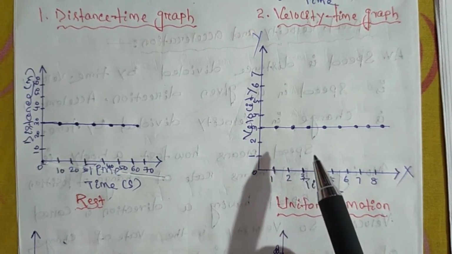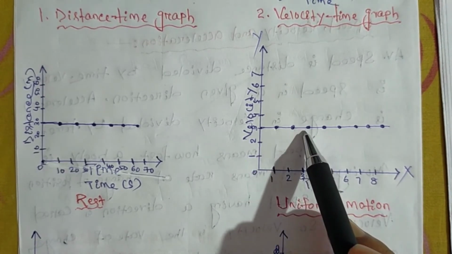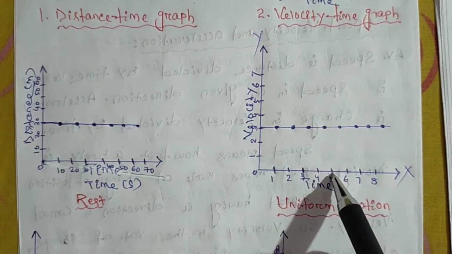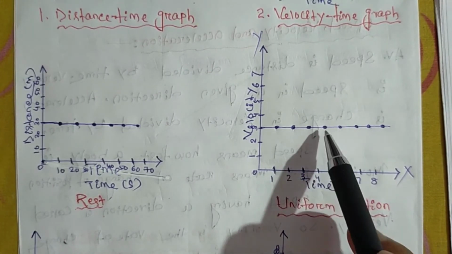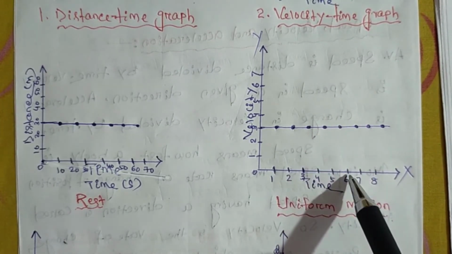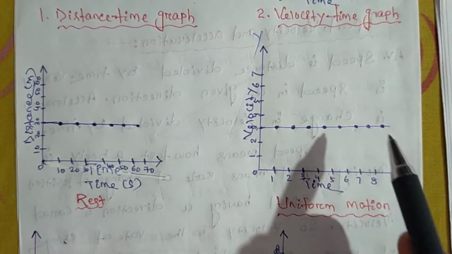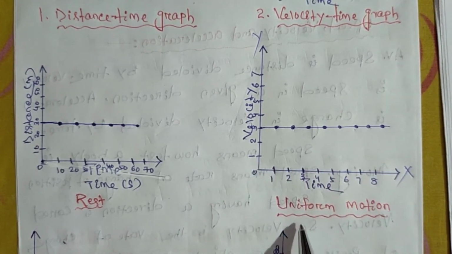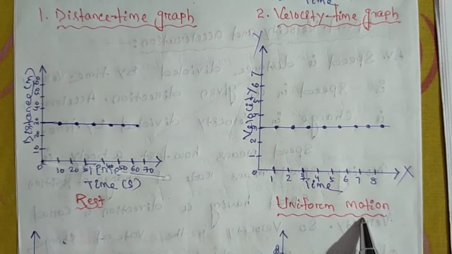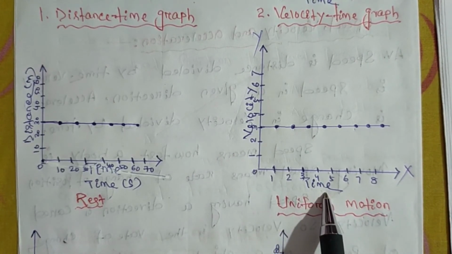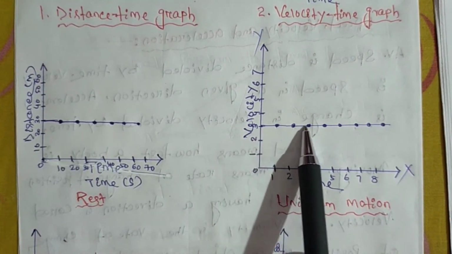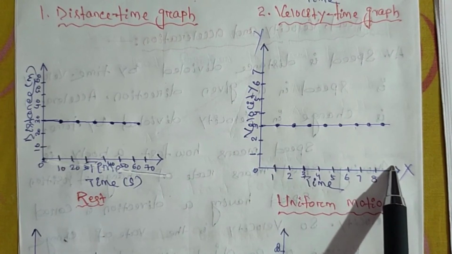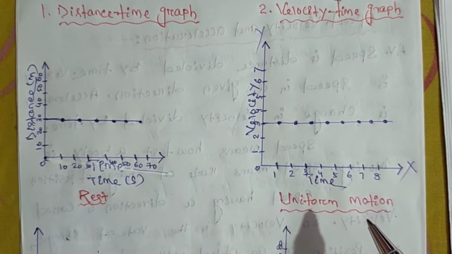In 3 seconds also 3 meter. 4 seconds 3 meter. 5 seconds 3 meter. 6 seconds 3 meter. That means the body is moving in a uniform motion. In a velocity time graph, the straight line parallel to the x-axis indicates the body is in uniform motion.